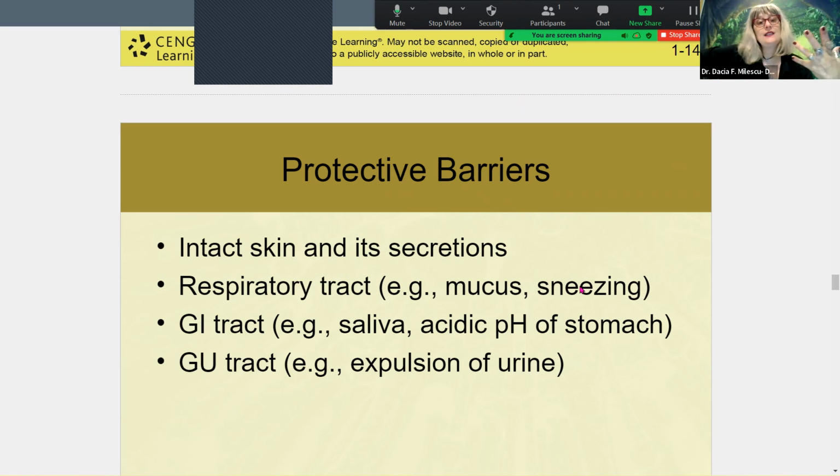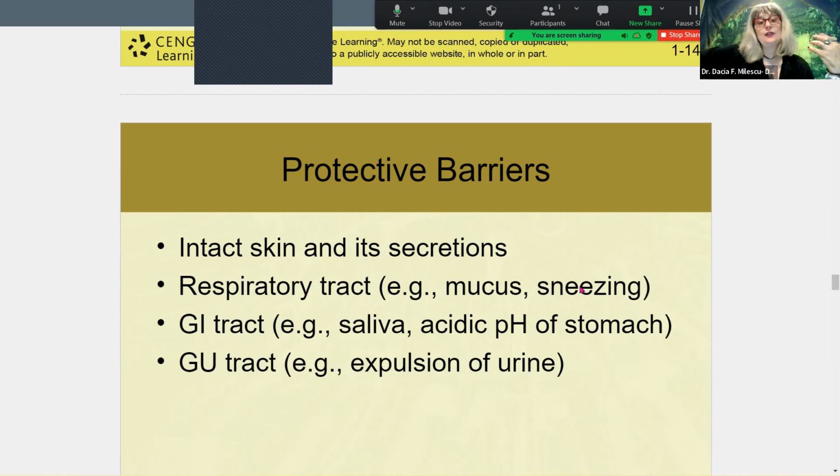The gastrointestinal tract, from the mouth to the anus, will have protective ways. For example, your saliva is going to have antiviral and antibacterial components, and immediately will release antibodies as well. The acidic pH of the stomach is going to kill any kind of pathogen.